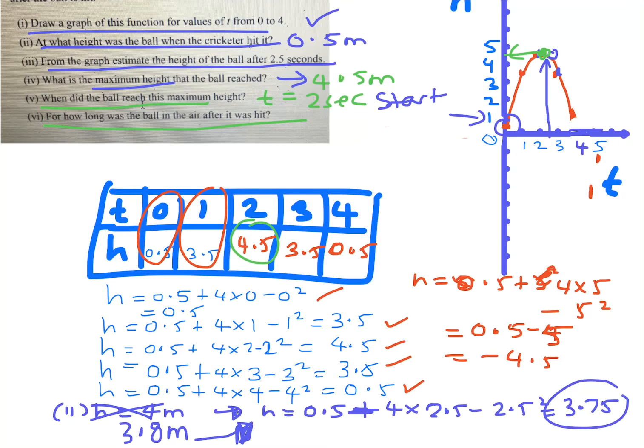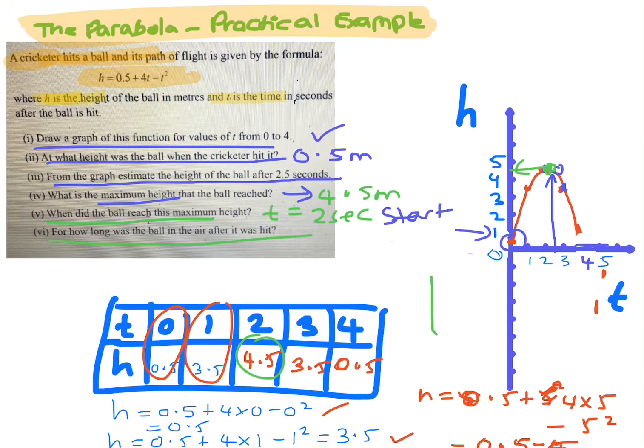How long was the ball in the air after it was hit? Really, to answer this question, it was in the air from here, because it hit about 0.5 above ground level, all the way to when it hits the axis again.